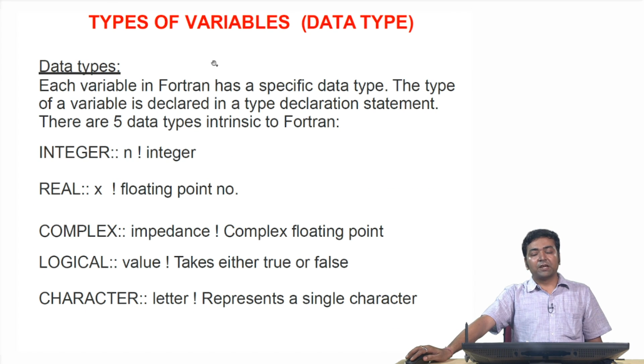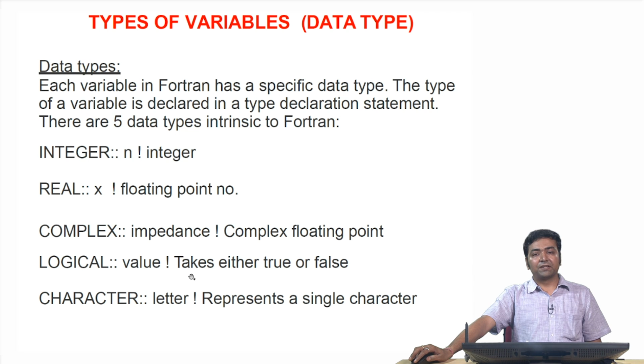So, the variables can be classified typically into 5 classes, which are called the data types. If a number is an integer, it is classified by the integer keyword, a Fortran keyword. If it is a floating point number, it is classified by the real keyword. If it is a complex floating point number, then it is classified with the complex keyword.